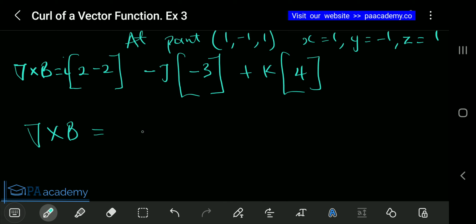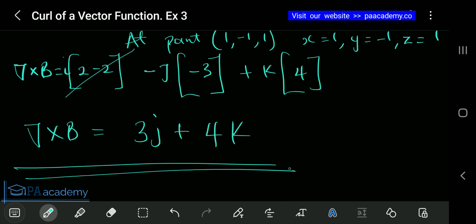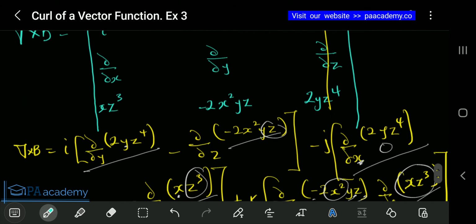So the curl of F will be, this 2 minus 2 is 0, so this cancels out. Then minus j times -3 will just give us 3j. And then k multiplied by 4 will be plus 4k. And this is the answer to the question. That's what we are going to get for the curl of this particular function.